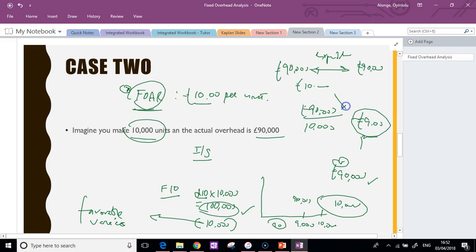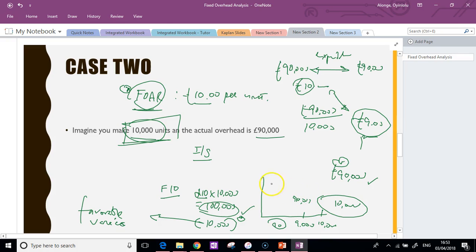I'm looking at it from both angles. You can say, okay, that's the actual rate, £9. That's the budgeted £10. Well, it's fallen. It's gone from 10 to 9. That is favorable. So what am I saying? The more units you make, the variance becomes favorable when you adjust. So this 10,000 here is purely due to volume.